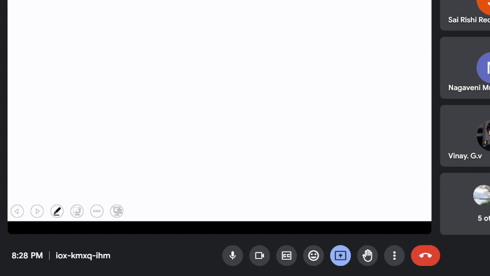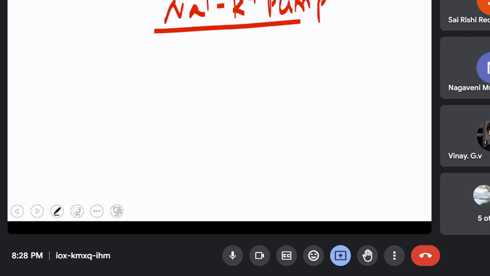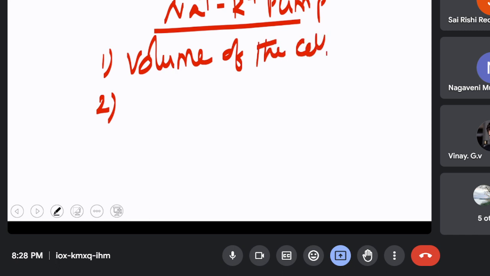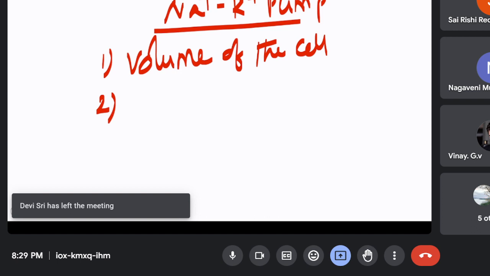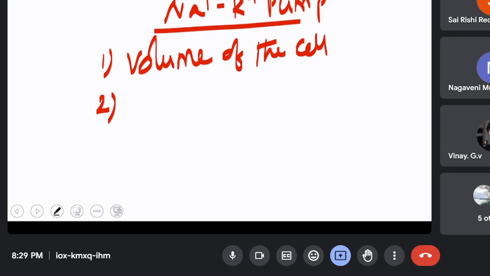Before that, I have to explain the sodium potassium pump first. Okay, the sodium potassium pump has two functions. The first function is to maintain the volume of the cell. That means whenever the cell volume increases, it sends sodium ions outside so that water also goes along with it and the volume is brought back to normal.